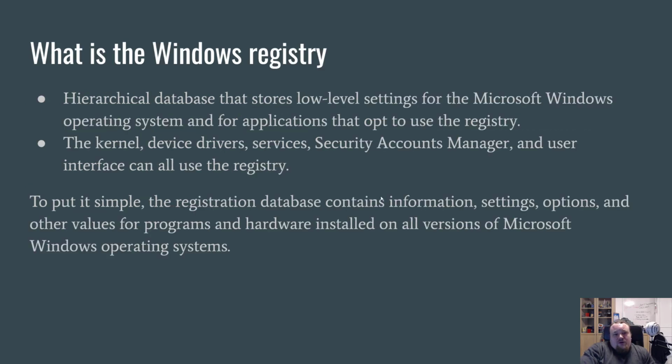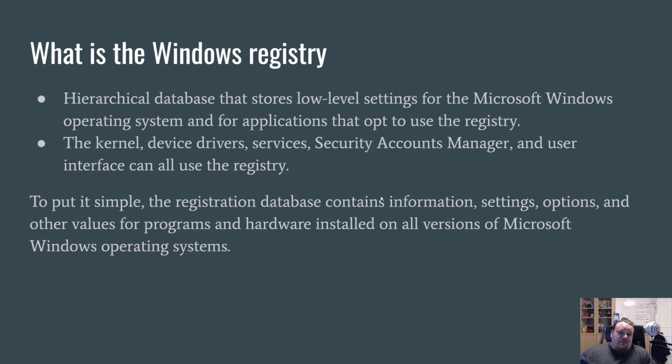So, what is the registry in Windows? It is basically a database that stores low-level settings for Microsoft Windows as the operating system it is. It also contains information for the kernel, device drivers, services, security account managers, and so on.